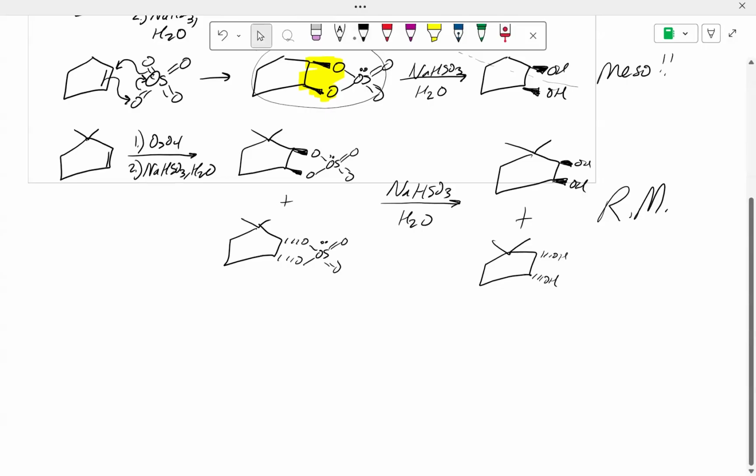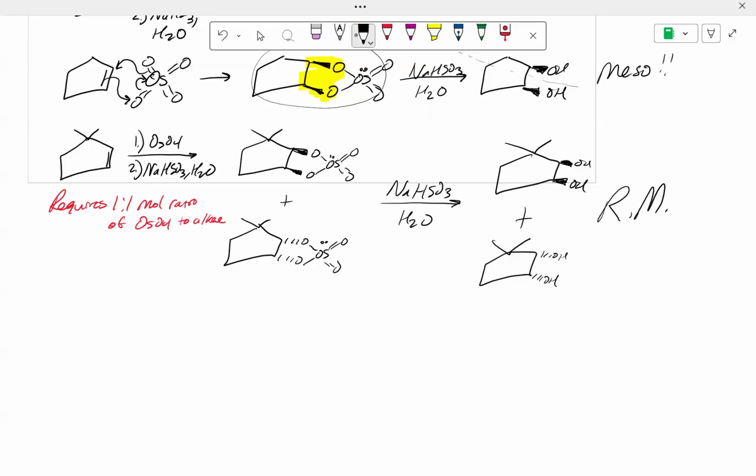Now, I want to talk about some alternative reaction conditions that do the exact same thing. One of the downsides to this reaction is that, if we use these conditions, it requires a 1-to-1 mole ratio of osmium tetroxide to the alkene.